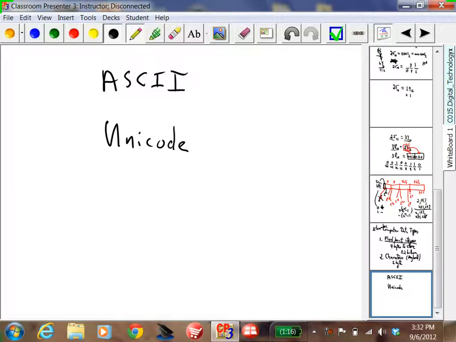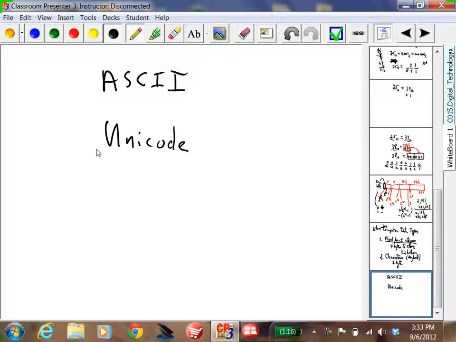Well, it's a new code that the worldwide computer industry has developed. What's the purpose of Unicode? It's to have one code for every character of every alphabet, and similar to an alphabet in some cases in the world.